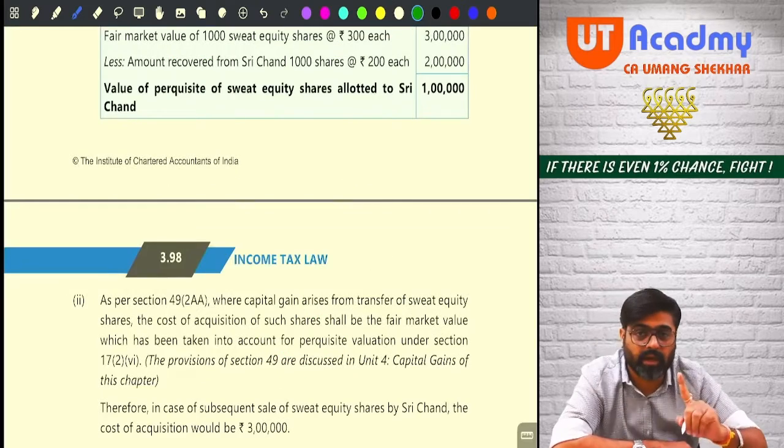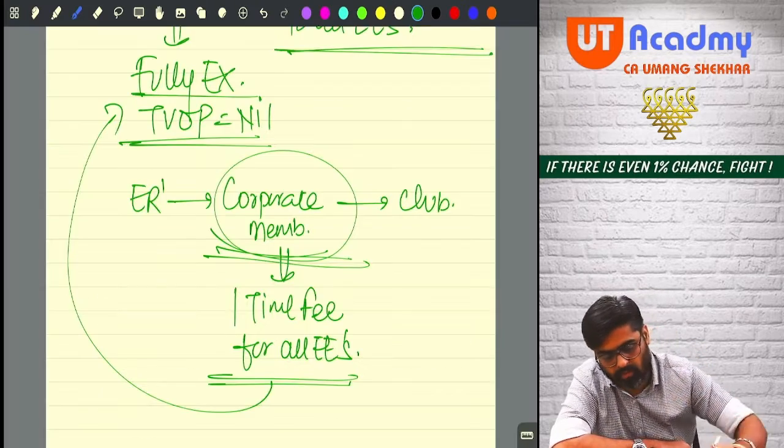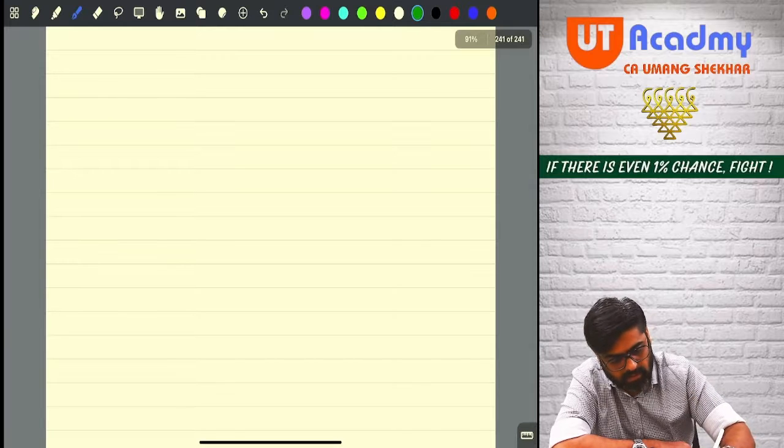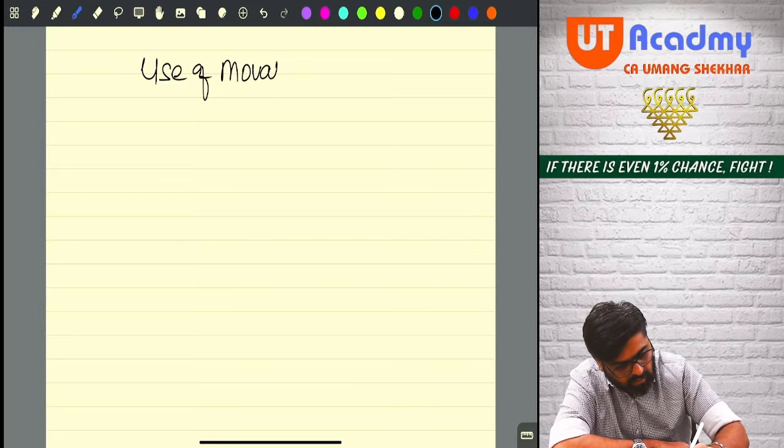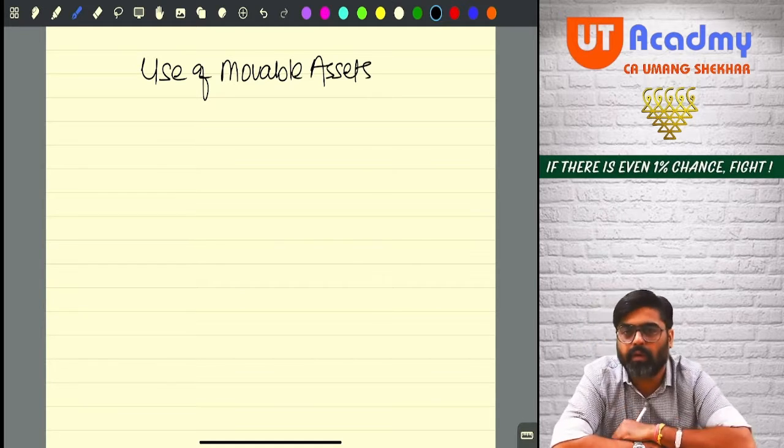This was your credit card facility and club facility. Now we are moving to the next part. The next part is use of movable asset.